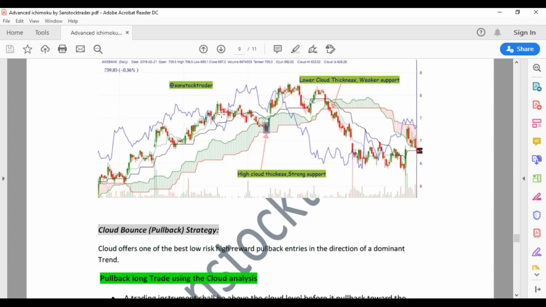As we understand, when a stock bounces from the Tenkan-sen, it means a very shallow pullback and the trend is very strong. When a stock bounces from the Kijun, it is still considered a medium pullback, not that deep. But when a stock bounces from the cloud, it is considered a deeper pullback.